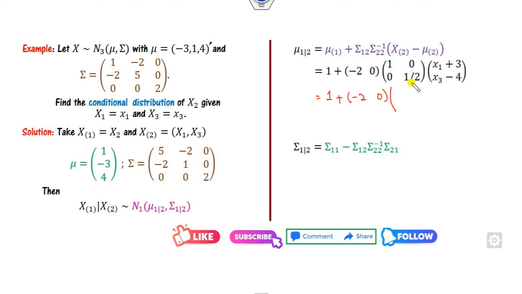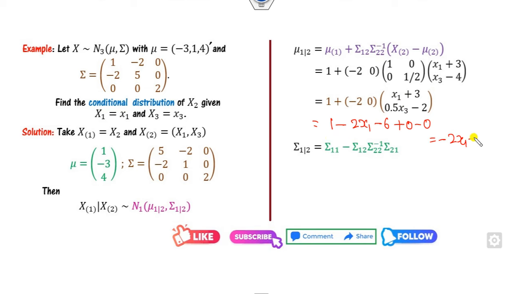Now I can multiply them. It is x1 plus 3 and it is 0.5 x3 minus 2. Now again you can multiply them. It will be 1 minus 2x1 minus 6 plus 0 minus 0. So that comes to be minus 2x1 plus 5 is the right answer.